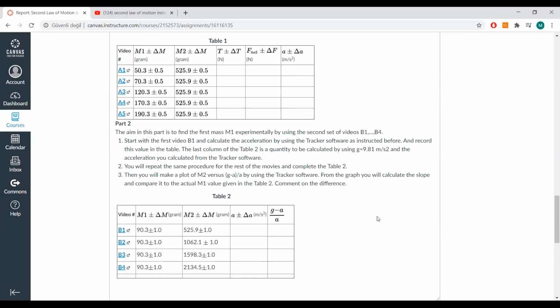You should prepare your reports by using the report template. This draft will guide you. Nevertheless, I want to remind you, please do not forget to answer the pre-laboratory questions.